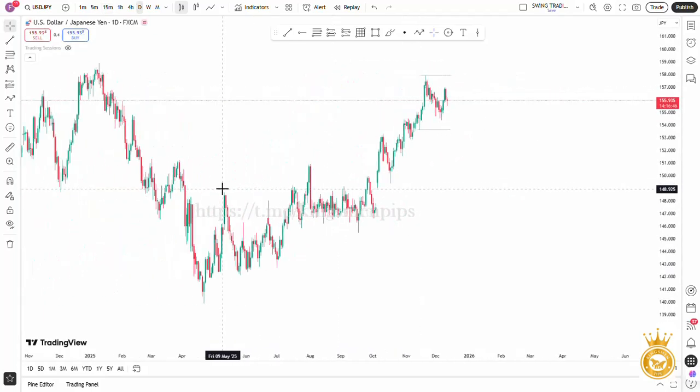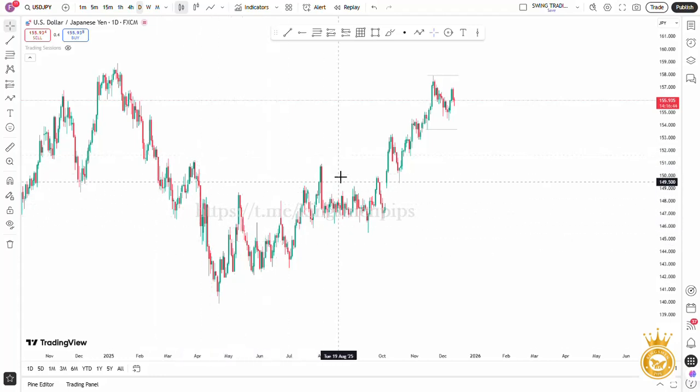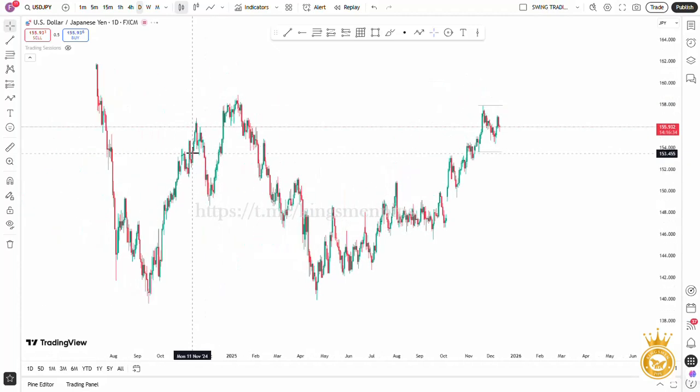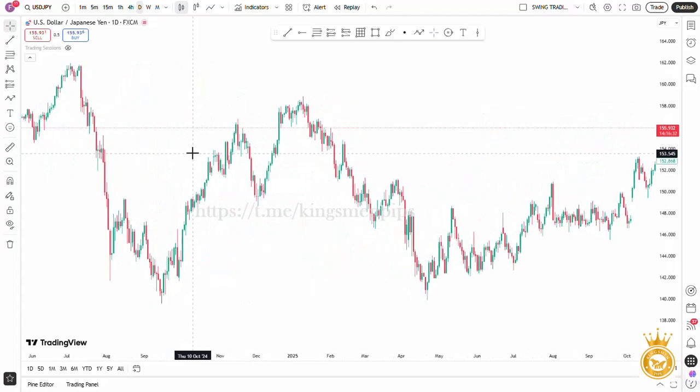When the market changes direction from downtrend to uptrend, it breaks the high of the previous trend and fails to break the previous low. The same thing in reverse: the market changes from uptrend to downtrend where it breaks the previous low and fails to break the recent high.